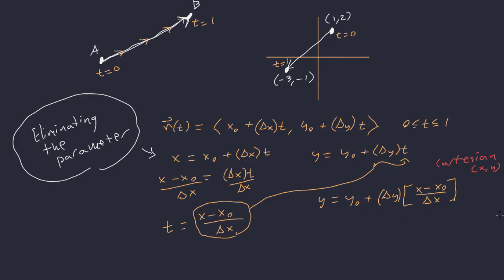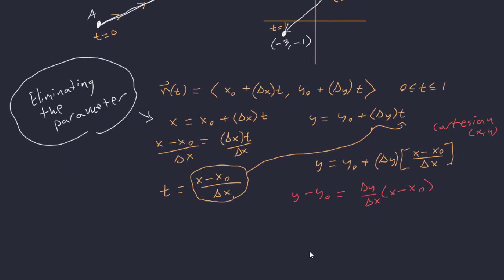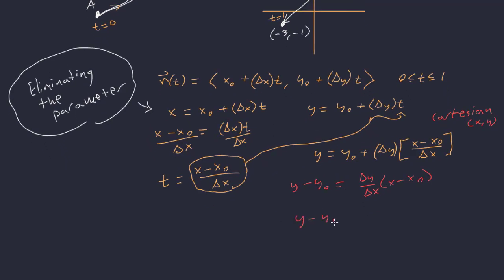Okay, now if I do a little bit of work here, if I say factor this delta x out and move this y naught over, we're going to get y minus y naught is equal to delta y over delta x times x minus x naught. And hopefully that's familiar to you all as the point slope form of the line, because we have delta y over delta x as our slope. Okay?